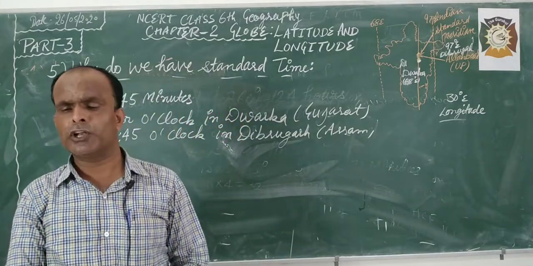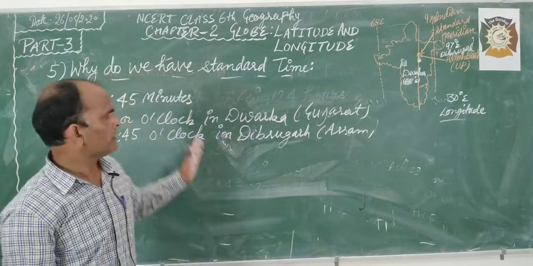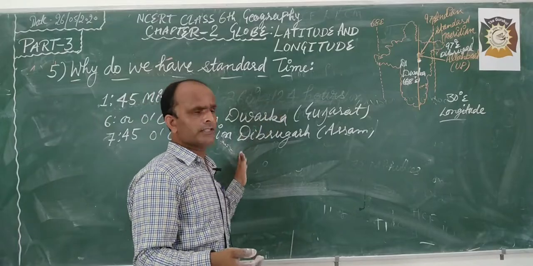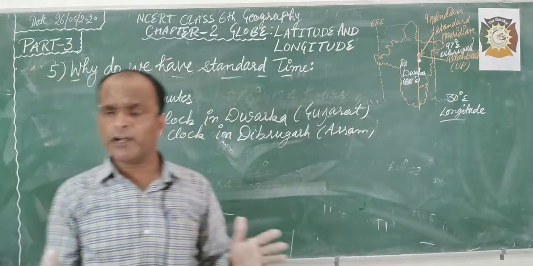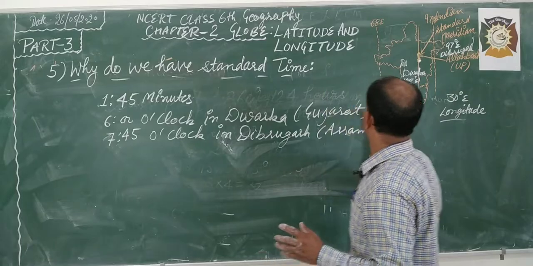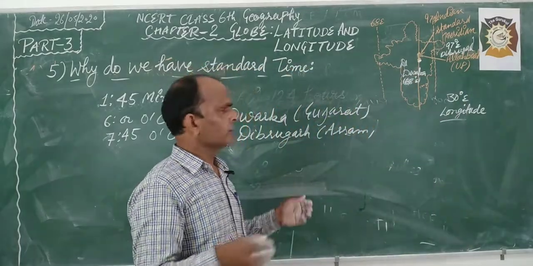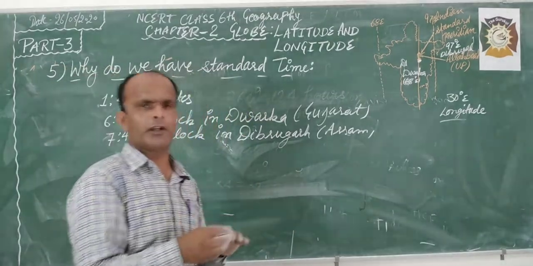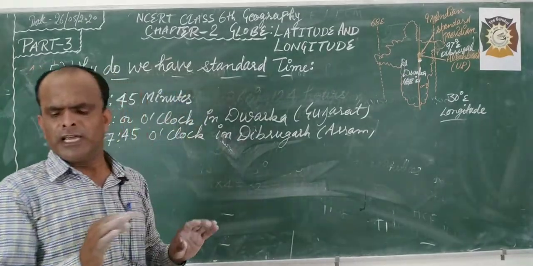Because of the difference of 1 hour and 45 minutes between the two longitudes, Dwarka and Dibrugarh in Assam, in one country the difference is so much, so that's why there should be one standard meridian for the country. For that we can take one standard time for the country, so that the timetable of the trains can be managed easily.